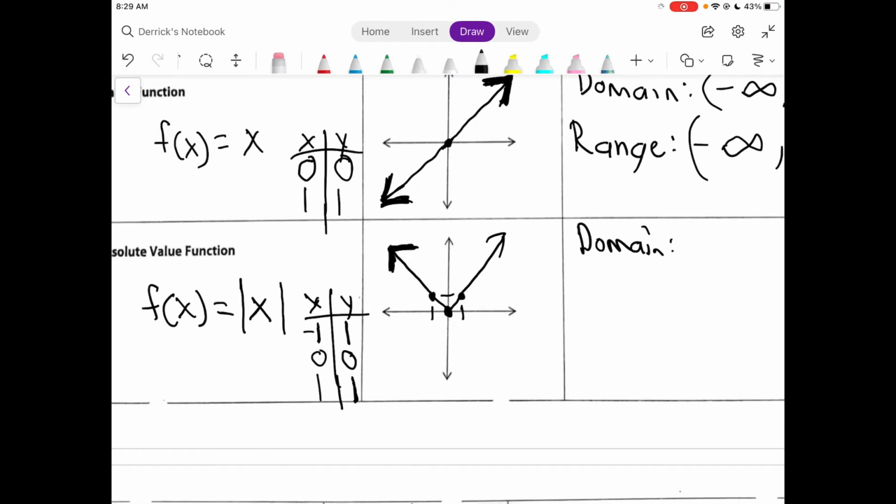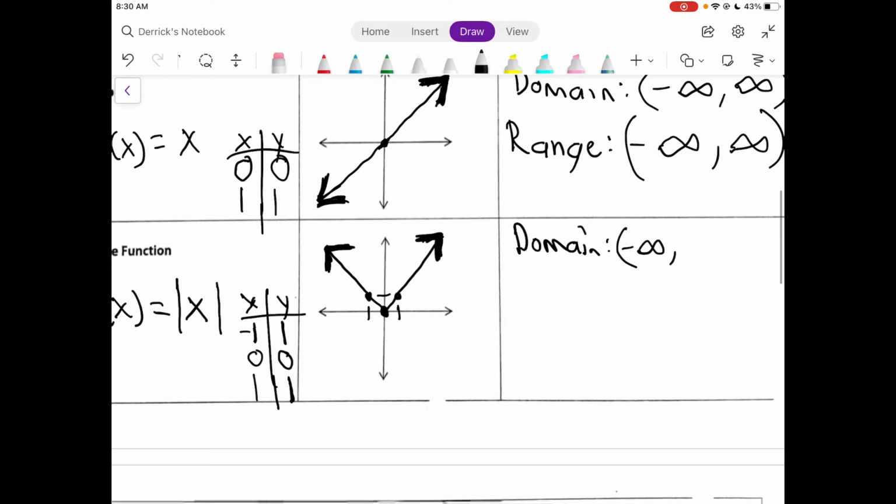So as far as the domain is concerned, we're just interested in the left part of that, going left forever, which would be -infinity, much like the linear function did. We also have an arrow over here that is pointing right and up forever. So again, if it's pointing right forever, that would imply that our domain is going to go to +infinity.